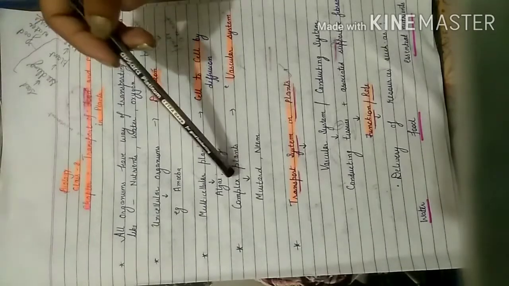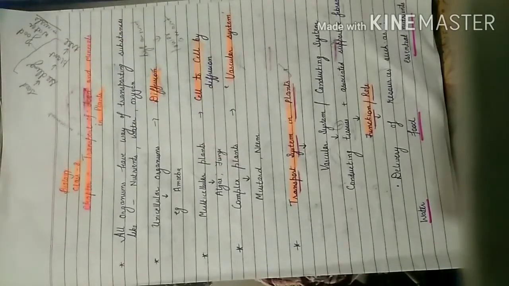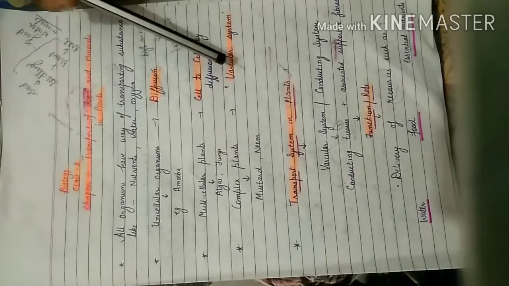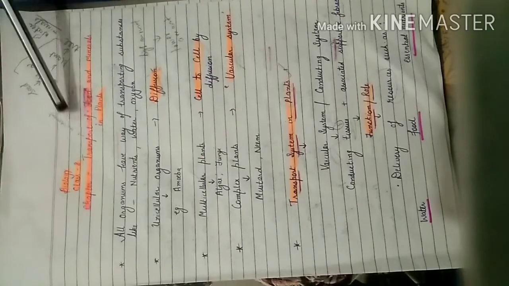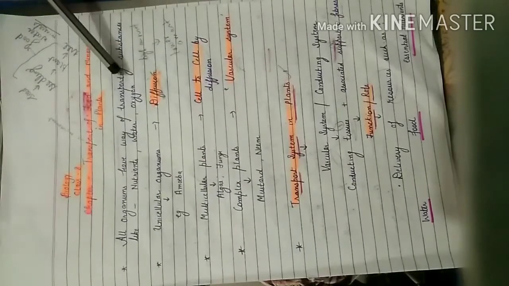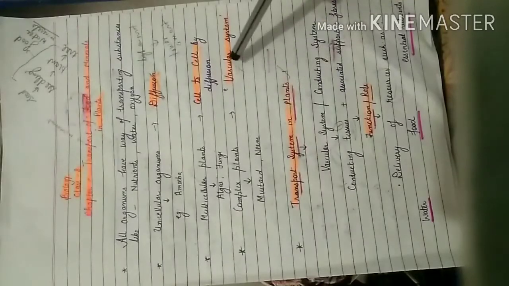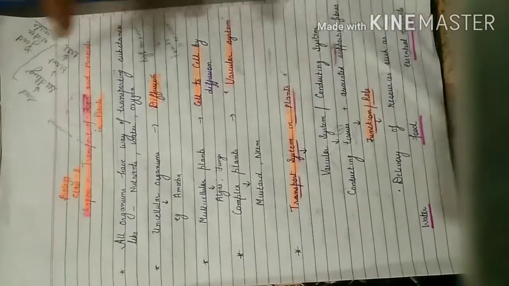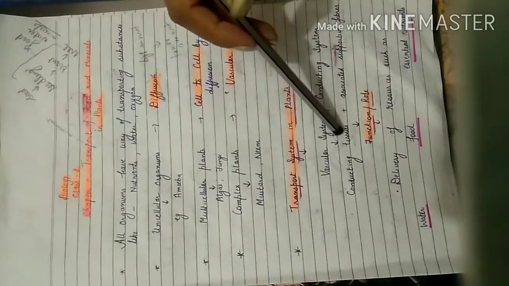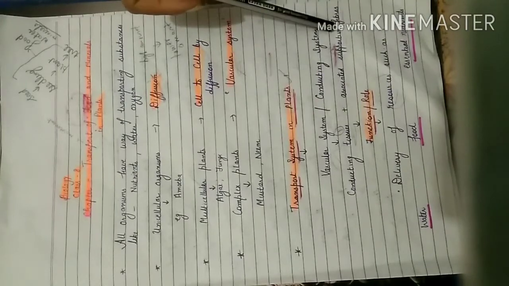Then in higher plants, what is present there? A specialized system is present which is needed for the transport of food, water, and minerals in plants. This system is named the vascular system. This system consists of two things. First one is tissue, then the fiber.